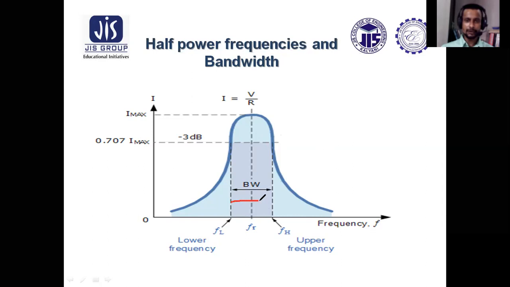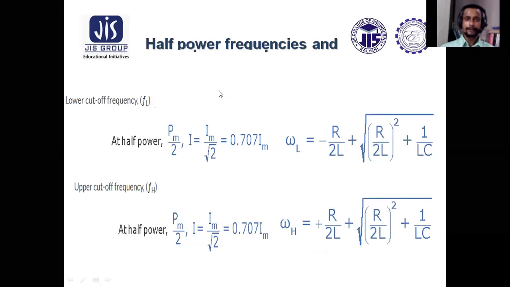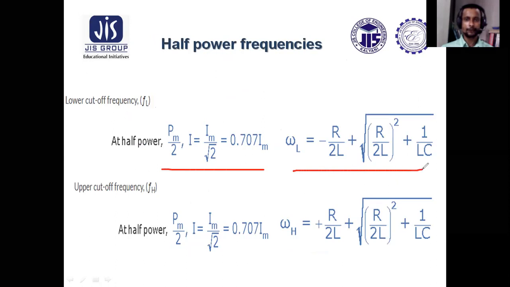Now, the difference between the lower frequency and upper frequency is known as bandwidth. So bandwidth is the band of frequencies for which the current in the circuit is Im by root 2 or more. Whatever is discussed is written here. This is the formula for half power frequency, which depends on R, L and C. This is the lower and upper half power frequency, where one is the negative part and the other is the positive part.